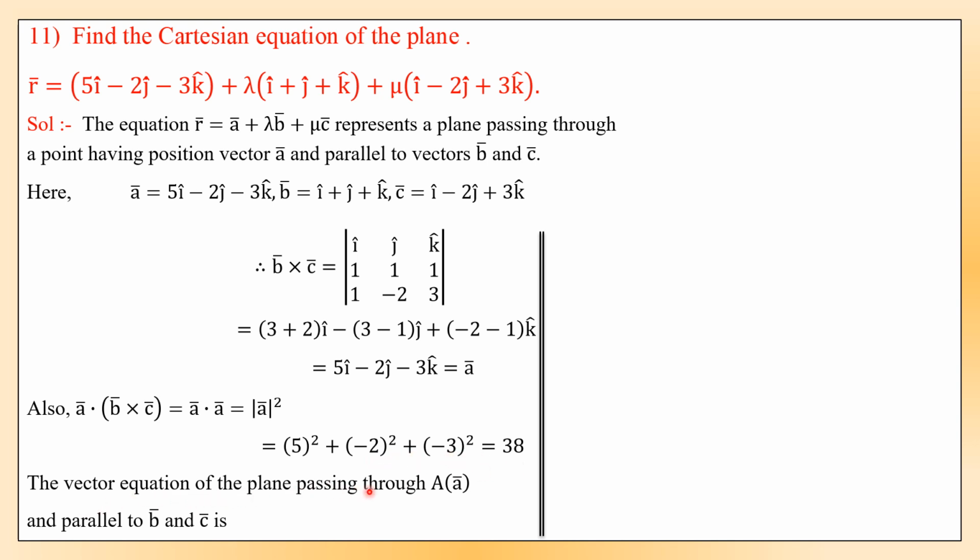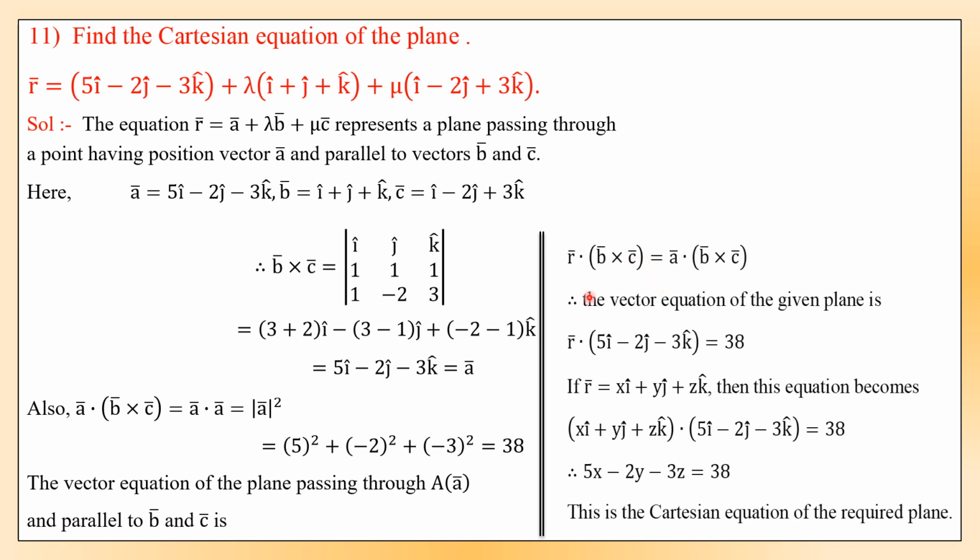Therefore, the vector equation of the plane passing through the point a vector and parallel to vectors b vector and c vector is r vector dot b vector cross c vector equal to a vector dot b vector cross c vector. First we find the equation of the plane in vector form, then convert into Cartesian form. The vector equation of the plane is r vector dot (5i minus 2j minus 3k) equal to 38.